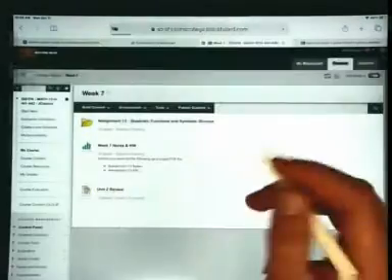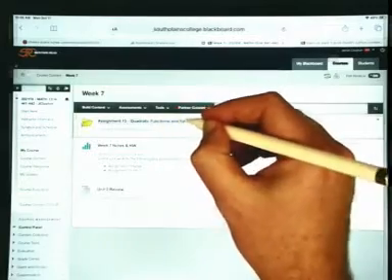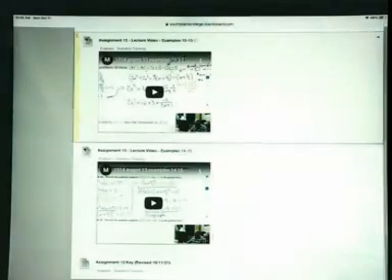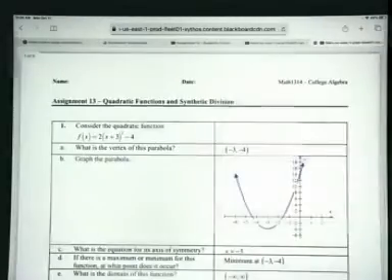If you look at the key for this week's material in week 7, you'll notice that I have an assignment 13 key revised. We have a revised key because there's one typo there, and I want to show you what that one typo is.